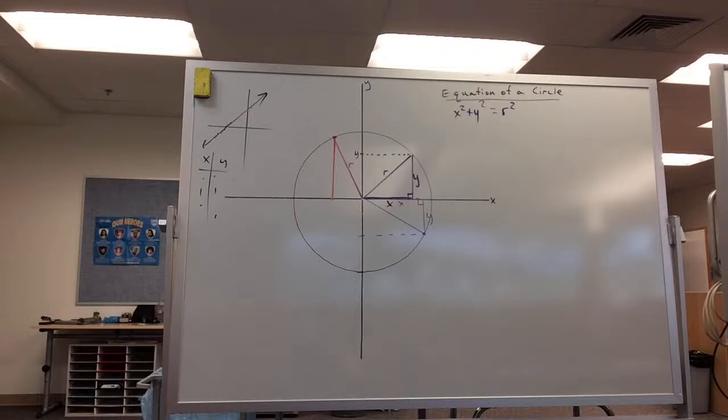It's going to be parentheses x minus, and then use the letter h, parentheses raised to the second power. And then we're going to do plus y subtract k, parentheses raised to the second power. So what we're doing is we're adding a subtraction of h and a subtraction of k to the x and the y's. And we're still going to say that that's equal to r squared.